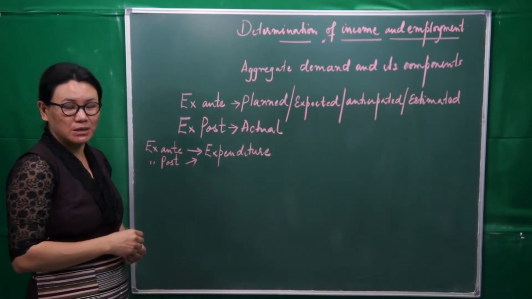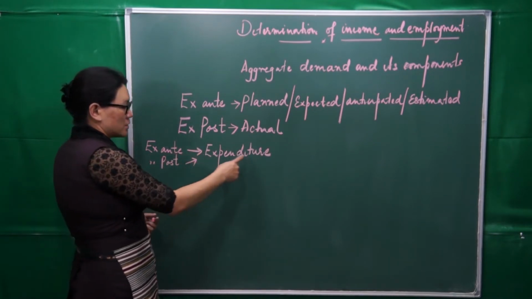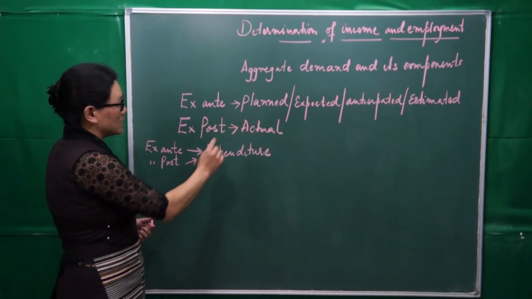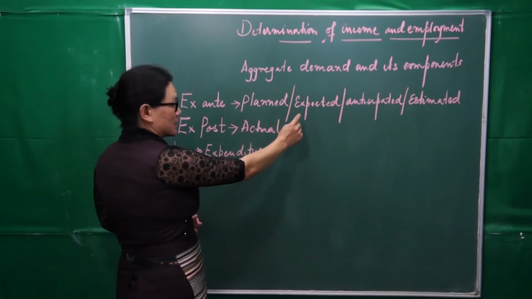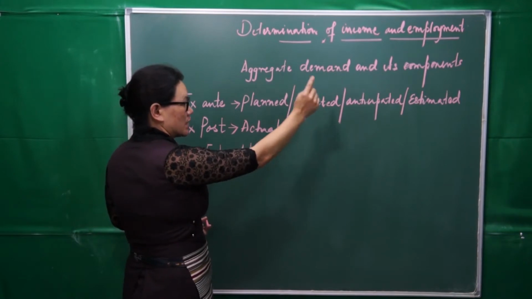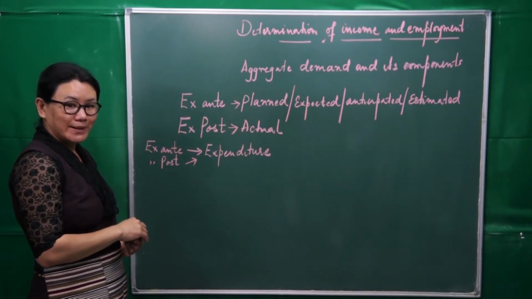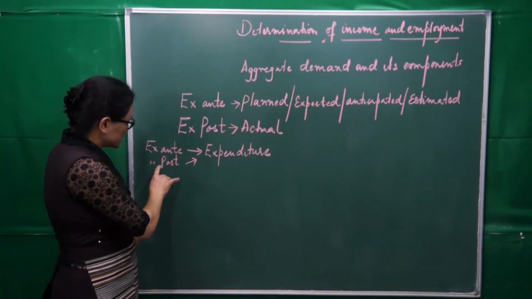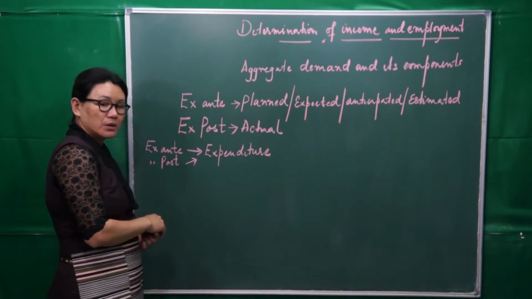Now, what does it mean? When we say ex ante expenditure, it means planned expenditure, expected, anticipated, estimated expenditure. All right. And ex post is actual expenditure.